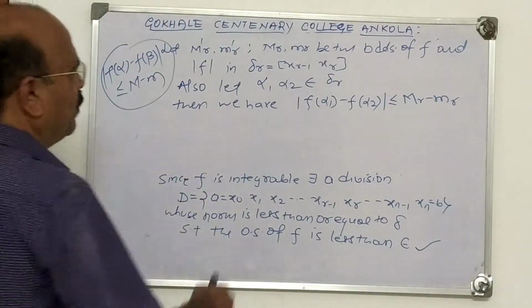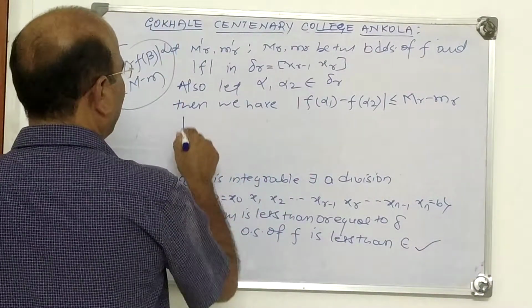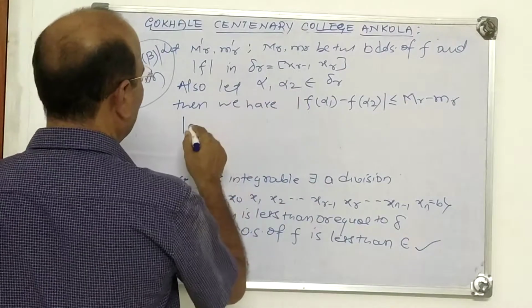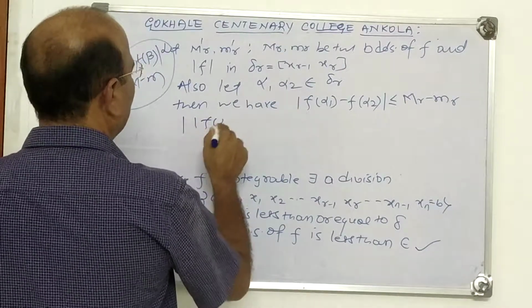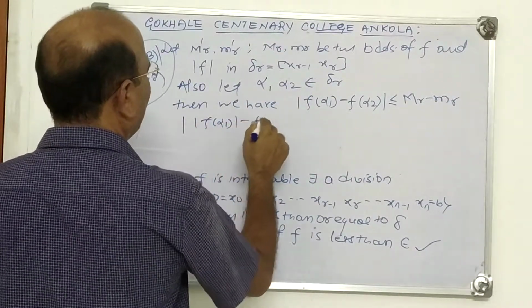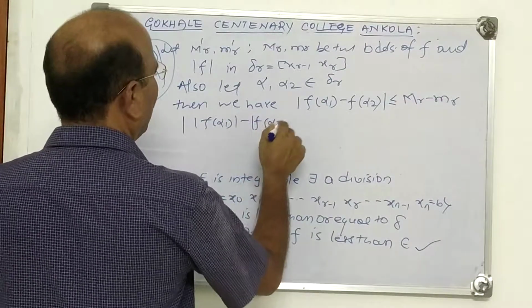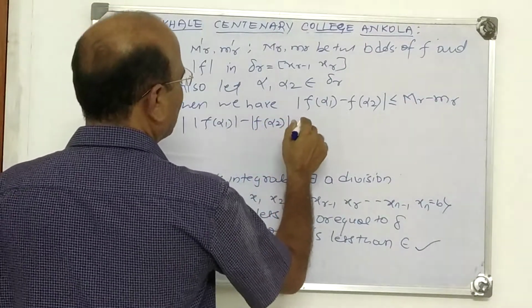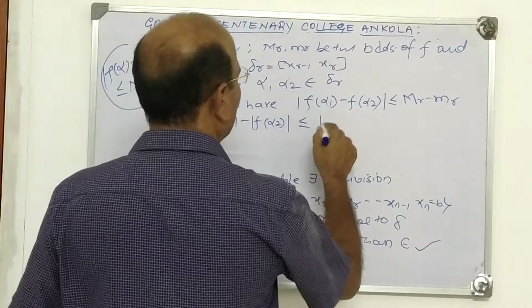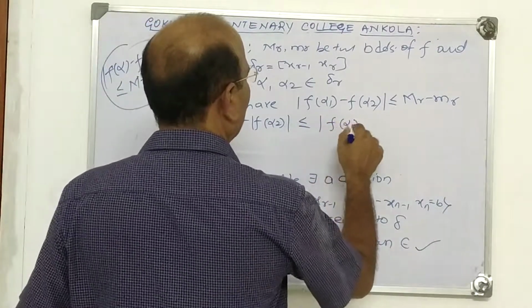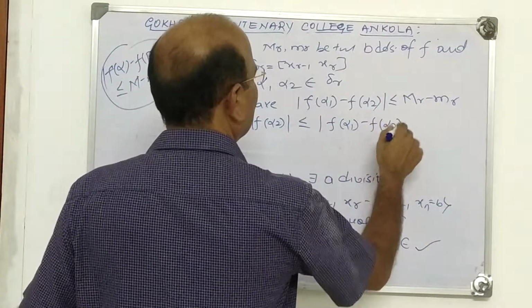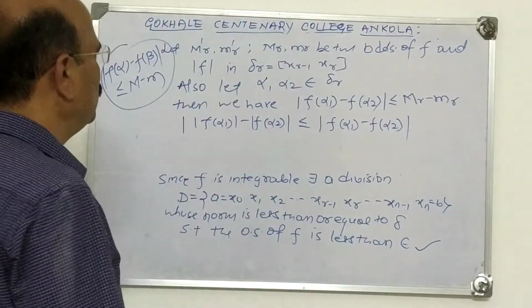Correct? Mr minus mr. But by the inequality of absolute values, we have mod f of alpha 1 minus mod f of alpha 2 is less than or equal to mod f of alpha 1 minus f of alpha 2.